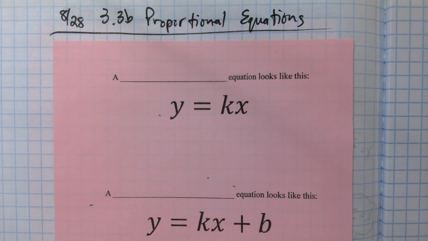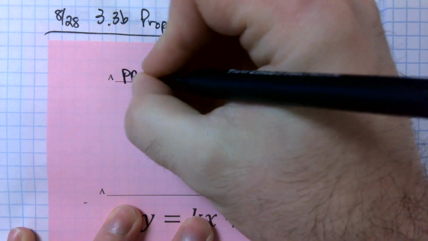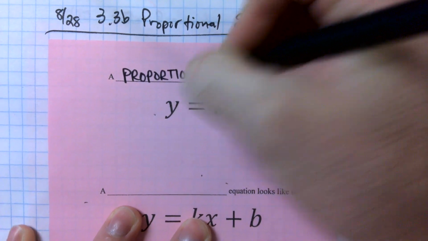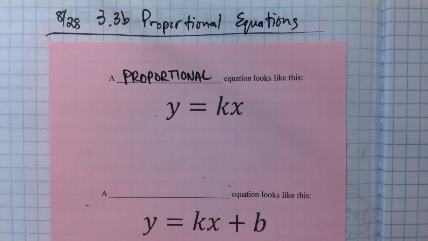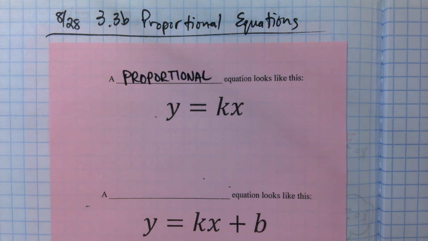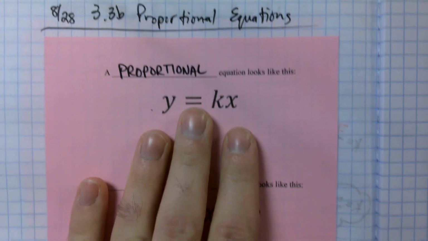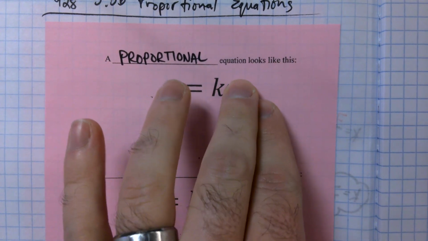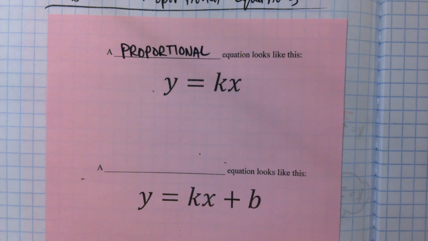So a proportional equation looks like this. Good morning, guys. We briefly mentioned this yesterday. In the same way that every time I go to find k, I'm going to use the equation k equals y over x, every time I write my equation, I'm going to use y equals k times x.